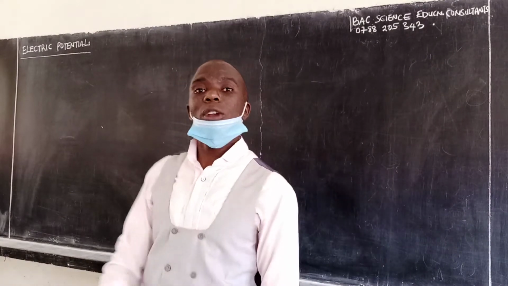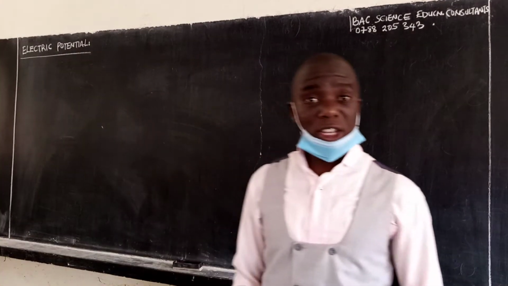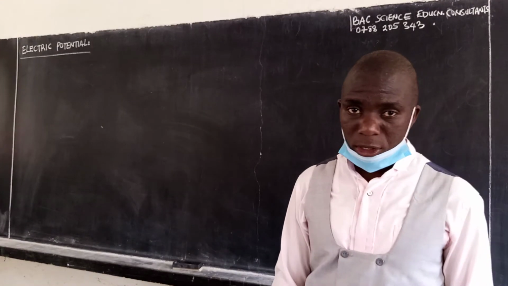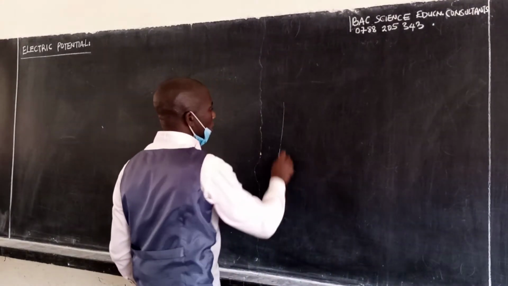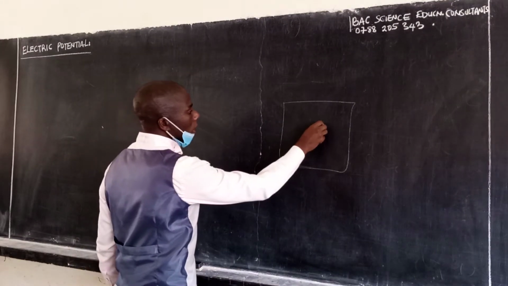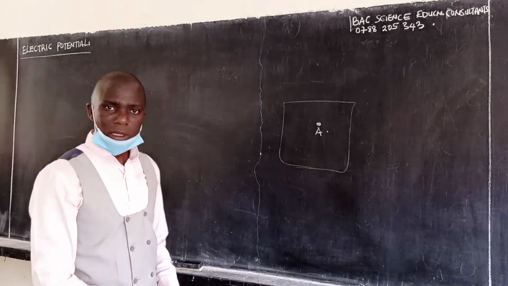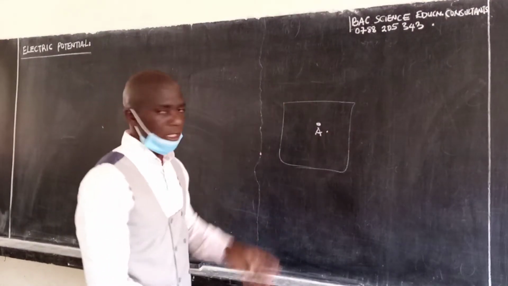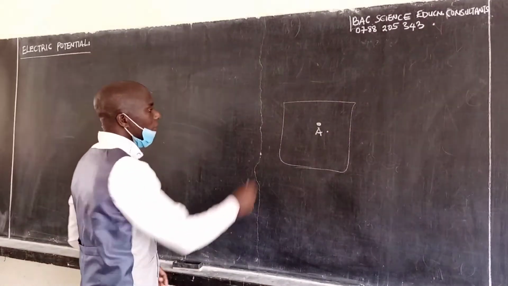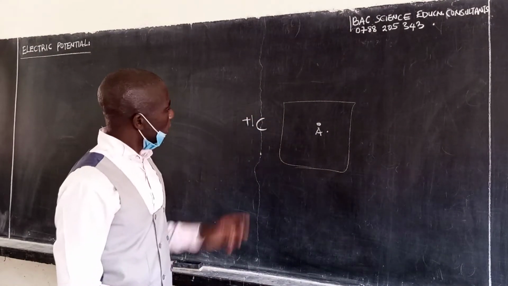So what is electric potential at any point? Because whatever we are doing, we are doing it in a field. So if this is a field, this is our electric field, what is the electric potential at a certain point? Let me call that point A. This is a field, so we have a certain charge of 1 coulomb, actually positive.